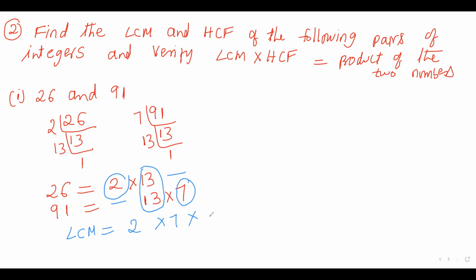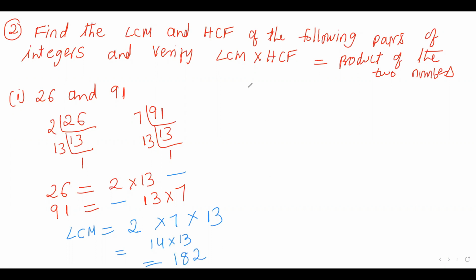Both are equal, so any one you can take. So this is your LCM. Quickly find the product. 2 sevens are 14. 14 13s are 182.